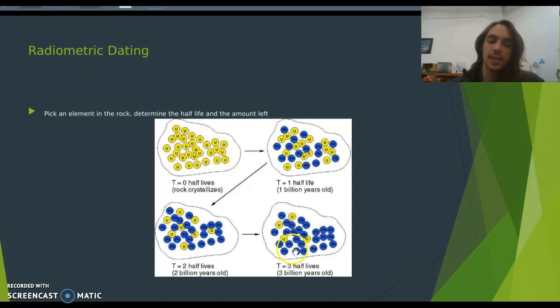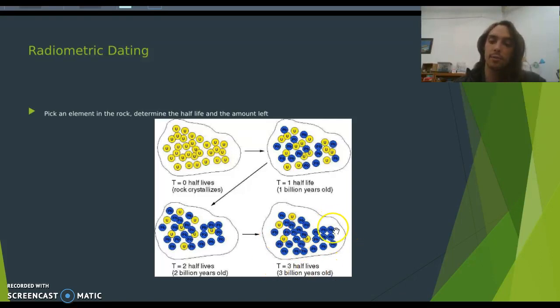So the rest of it is lead. 12.5% of the elements in this rock are uranium. The other 87.5% of the elements are plumbum, which is lead.